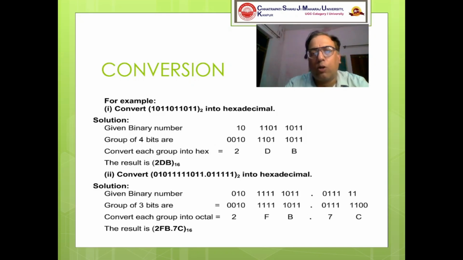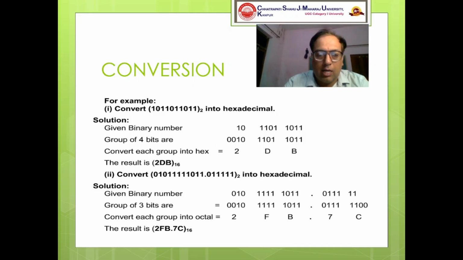Now we are left with 2 bits. In this case also we will be taking the default 2 zeros. Now 1011 is nothing but B, 1101 is D, 0010 is 2. So the conversion of this binary number is 2DB in the hexadecimal case.